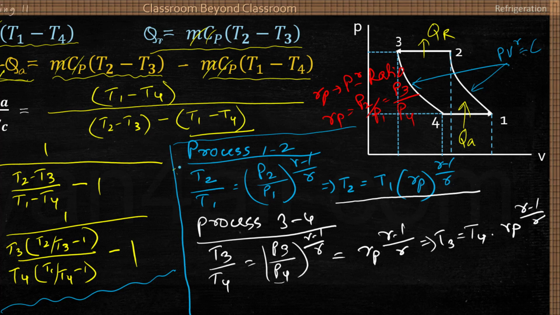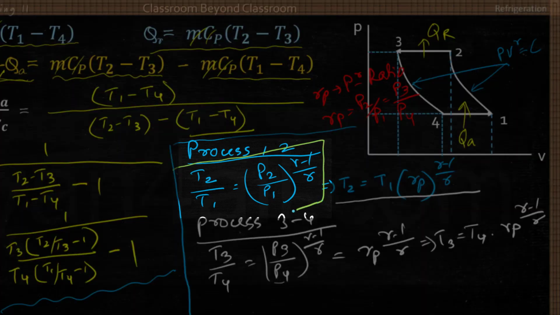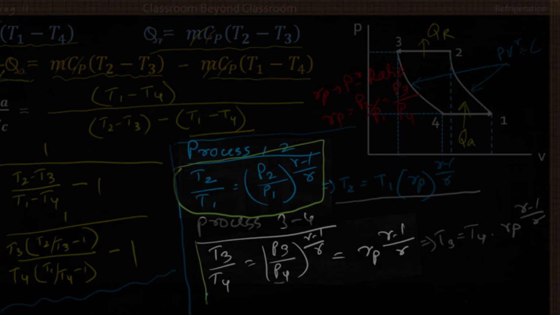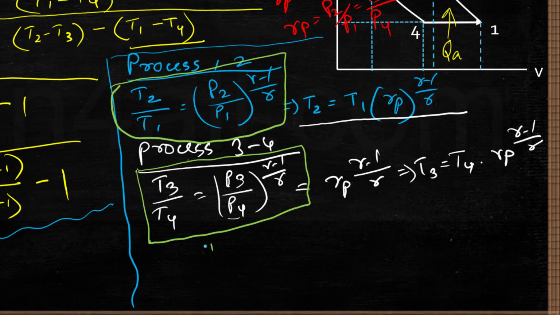You see, what is this? T2 by T1 equal to RP to the power gamma minus 1 by gamma. Again, T3 divided by T4 is also RP to the power gamma minus 1 by gamma. So from these two equations we can write T2 divided by T1 is equal to T3 divided by T4. Okay?